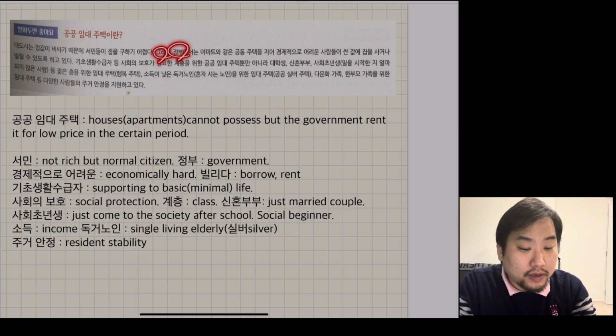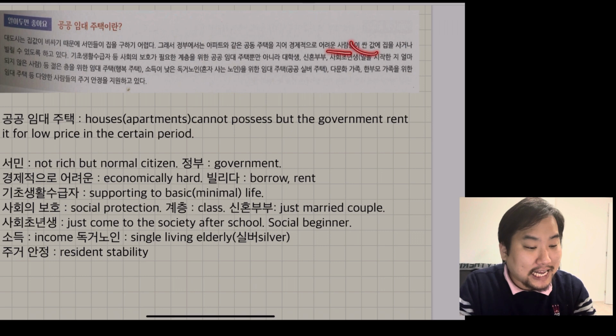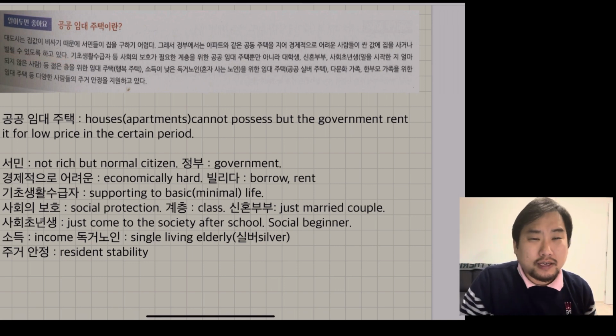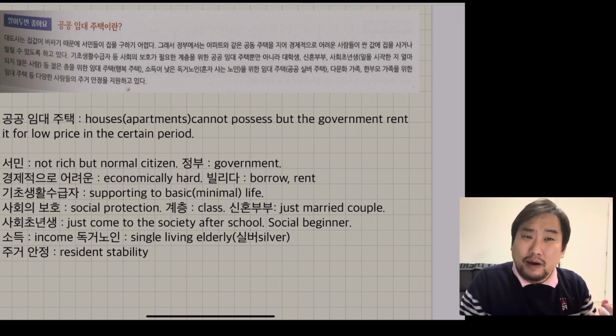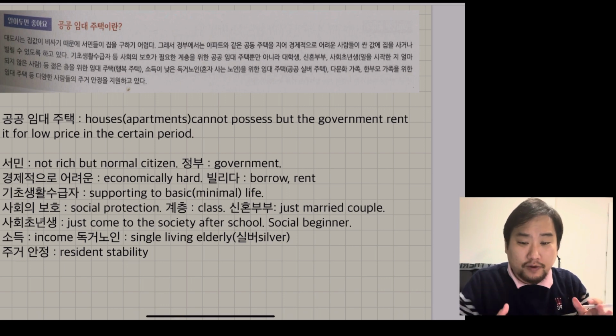So government 아파트와 같은 공동주택을 지어 경제적으로 어려운 사람, economically difficult citizens에게 싼 값에, lower price, 집을 사거나 빌릴 수 있도록 한다. So the trend now is that they could buy some apartments at a lower price, but now the Korean government tries to rent the apartment for a certain period.